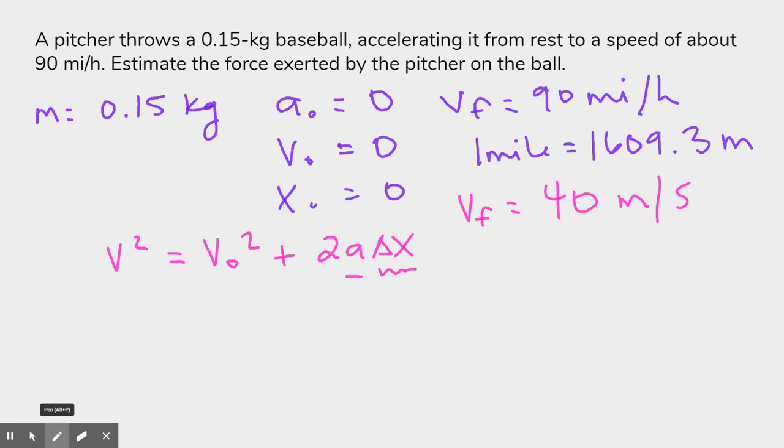Now, why would I choose something that lets me estimate delta x instead of estimating time? Well, when we're talking about throwing a baseball, the time is going to vary in a lot more ways than the distance the ball travels. So, from the time a pitcher has the ball in his hand to the time that it is released and actually thrown towards the batter, that distance is approximately the same for each pitcher.